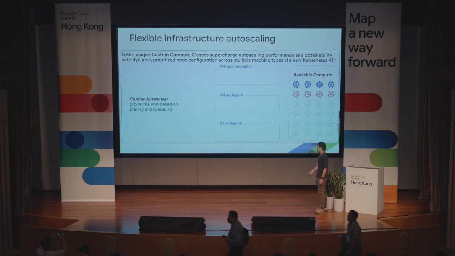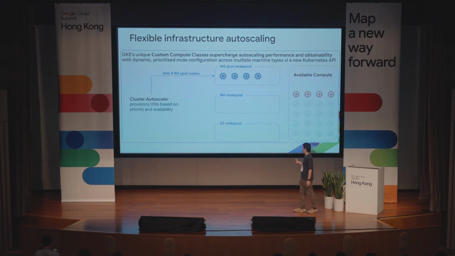First of all, CCC will use node auto provisioning to create 3 different node pools in this example. When there's capacity for N4 spot, we try to provision on the spot node pool. Say my workload requires more nodes, but they're not available. Then what happens next? The cluster autoscaler will add the next priority nodes, that's the N4 standard nodes from the available compute pool.